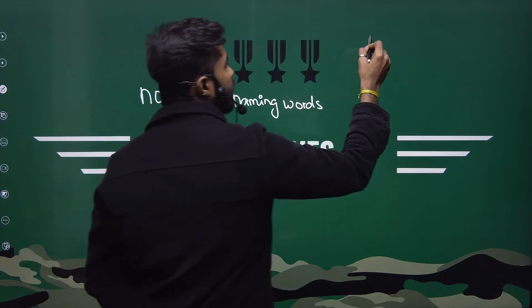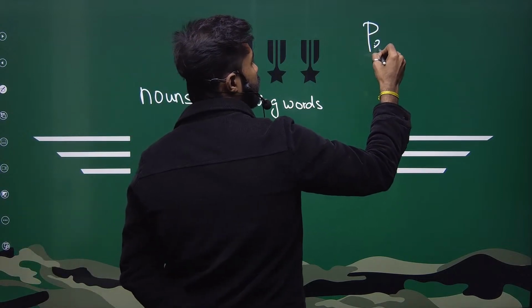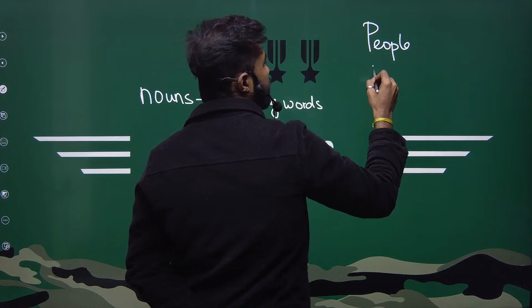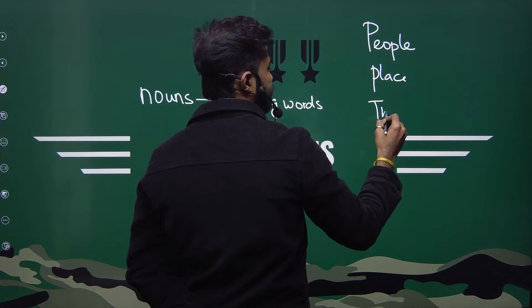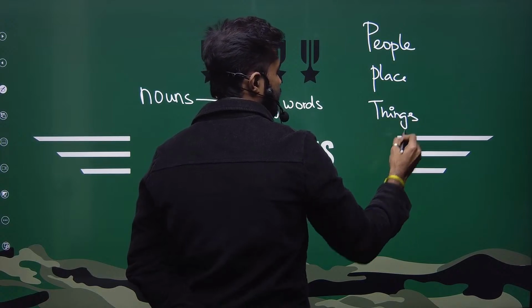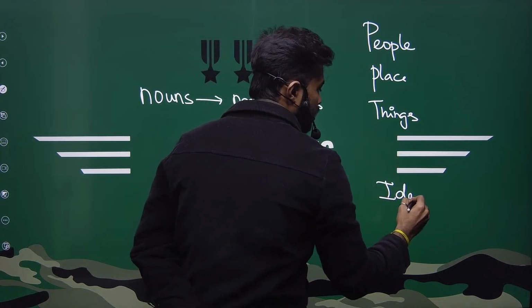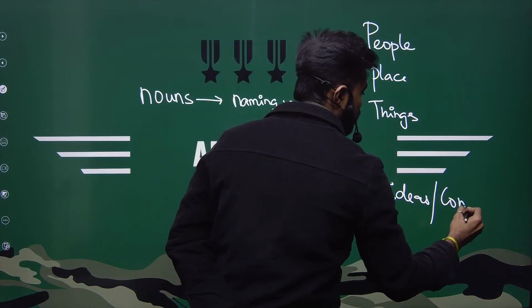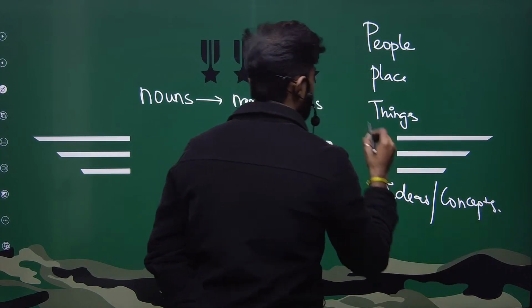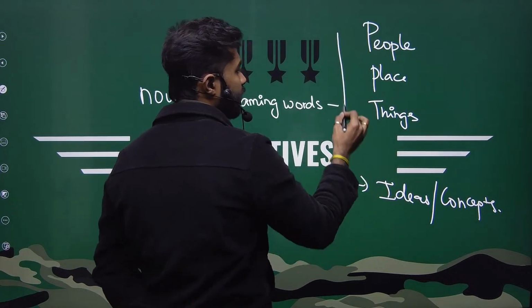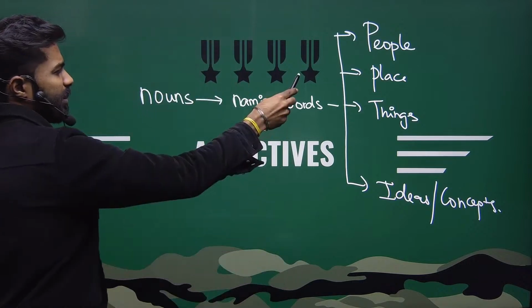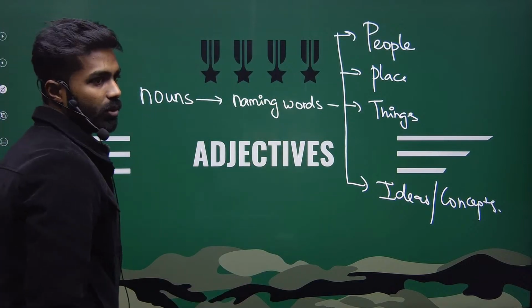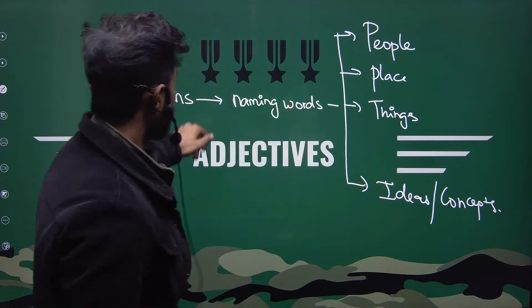They primarily name people, places, things, ideas, or concepts. If we name anything, a place, people, or an idea or a concept, then we call them nouns. अगर people, place, things, ideas or concept को name करेंगे तो we call it as nouns.